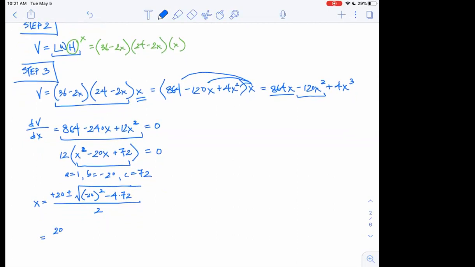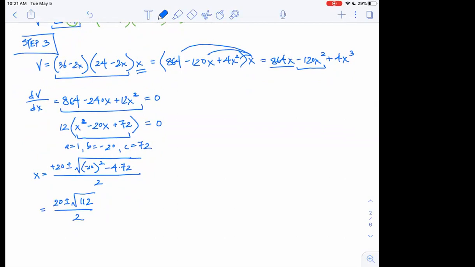And this is going to give me 20 plus or minus, let's see what we get on the inside. 20 squared is 400, minus 4 times 72, is going to give me 112 on the inside. And let's see if we can simplify this more. So I have 20 plus or minus the square root of 112; 16 goes into it, so I have 4 root 7, over 2.